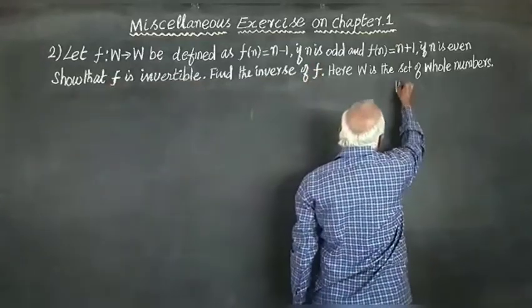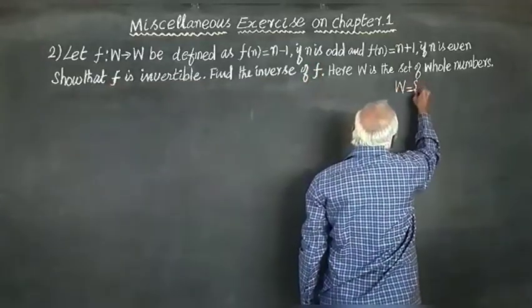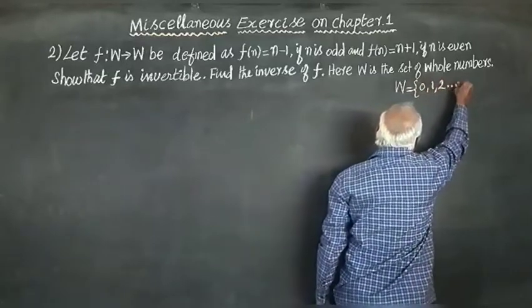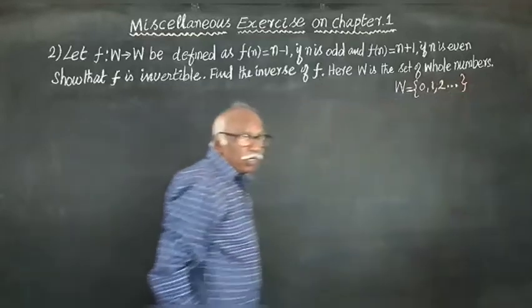Here, W is the set of whole numbers. What is W? W is equal to 0, 1, 2, and so on.